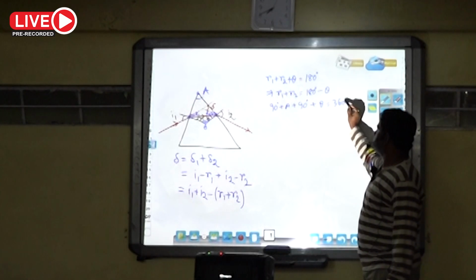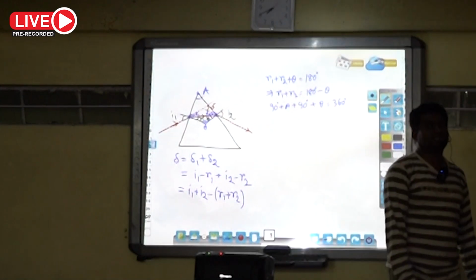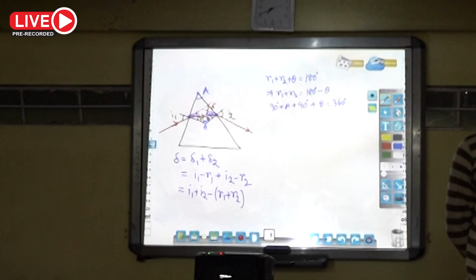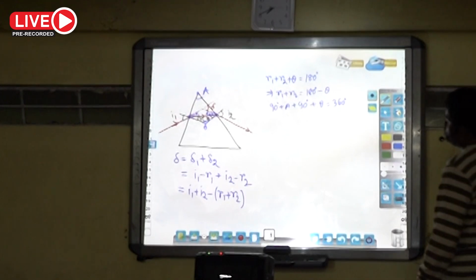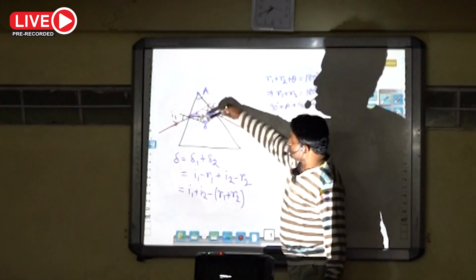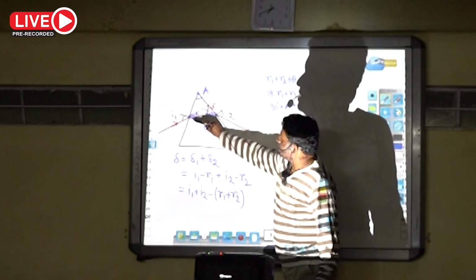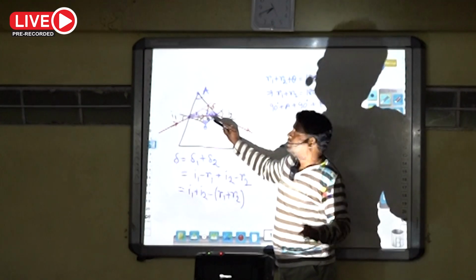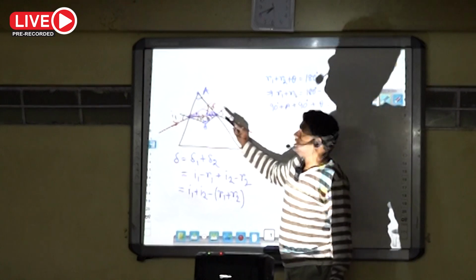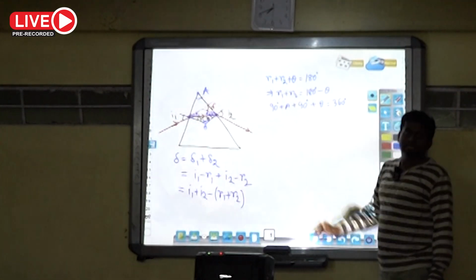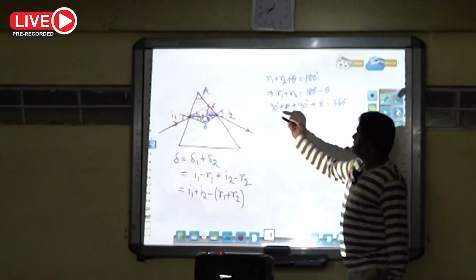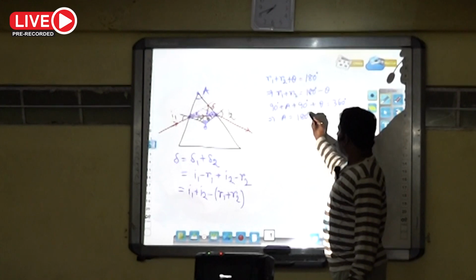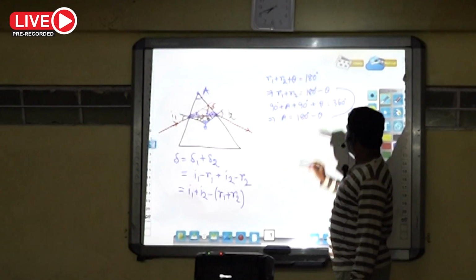This sum should be 360 degrees because the sum of the four angles of a quadrilateral is always 360 degrees. Two angles of the quadrilateral are capital A and theta. The remaining two angles are formed by these two black lines, which are normals, so they are 90 degrees each. Then we can also write capital A equals 180 minus theta. It shows that both of these are equal.